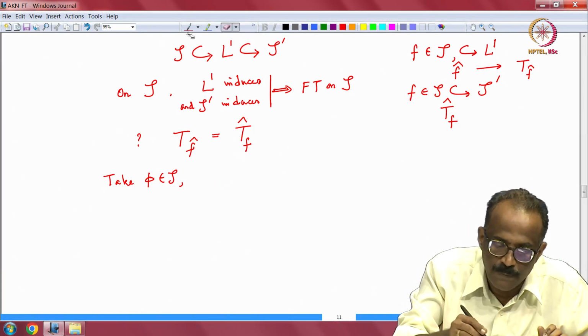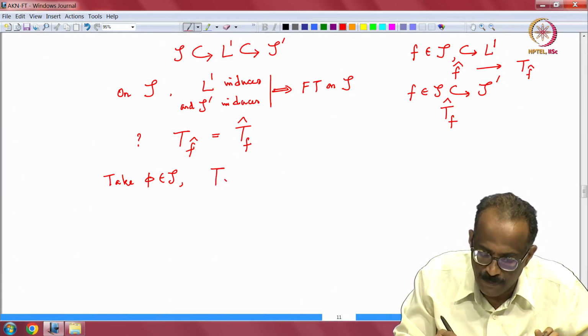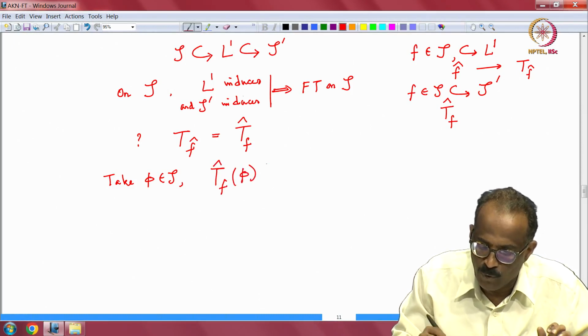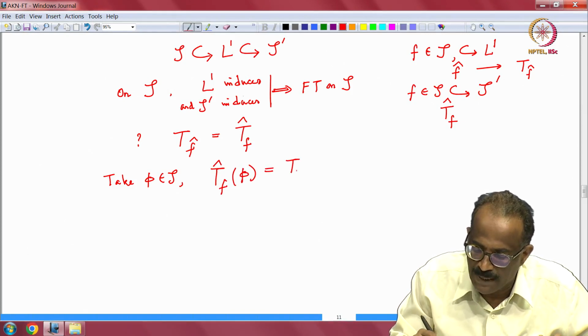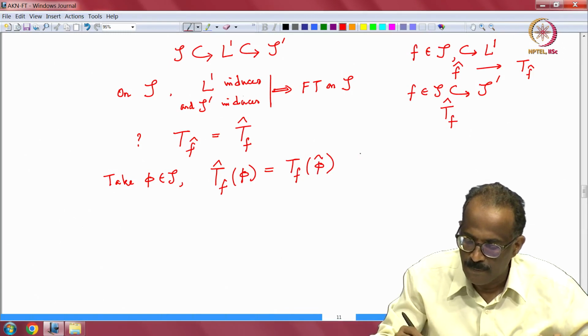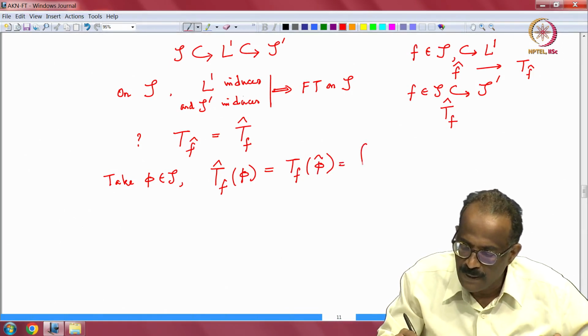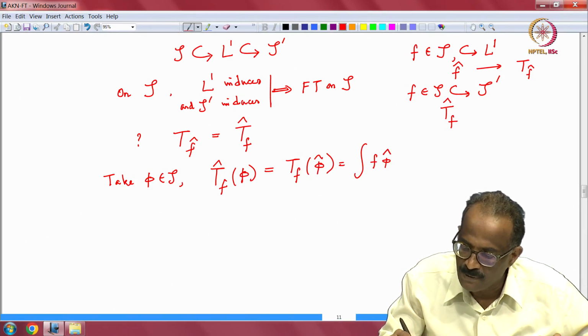I can prove it both ways, but this is more convenient. (T_f) hat acting at phi is by definition T_f acting at phi hat, and that is equal to the integral of f phi hat over Rn.